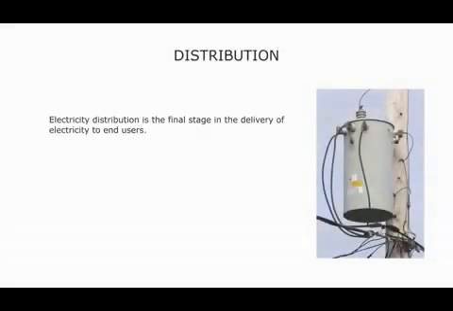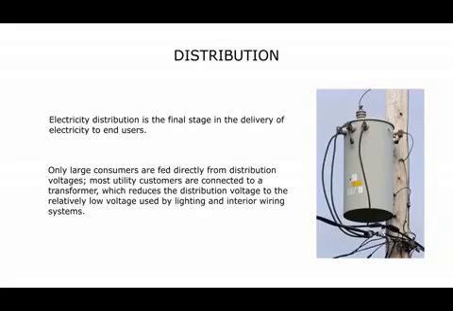As in the case of any consumer goods, the availability of a product in shops is the final stage. Electricity distribution is the final stage in the delivery of electricity to end users. As we have already studied, except large or industrial consumers, domestic consumers are supplied electricity by applying a transformer to the transmission lines or substations to reduce the voltage.